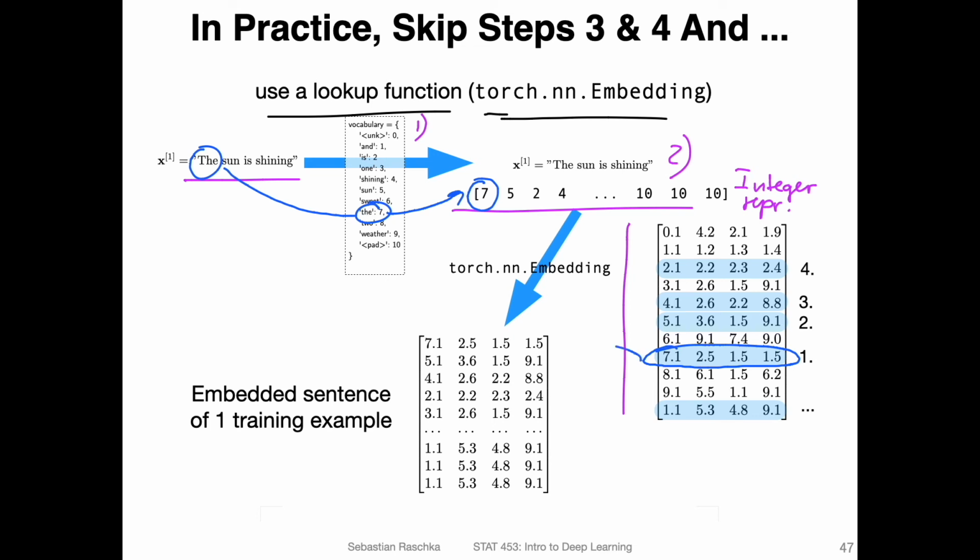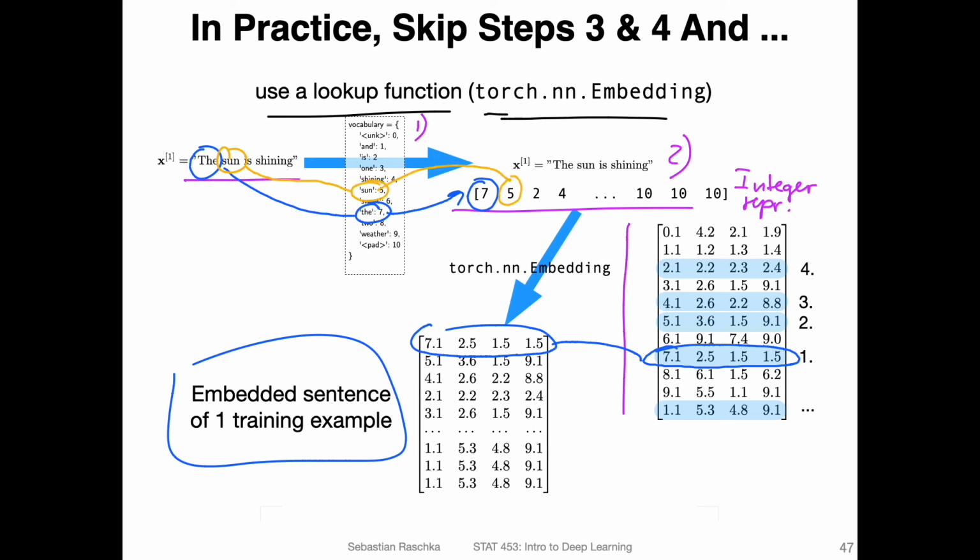And this is then used here. This is our embedded sentence for the first training example. Then for the second word, sun, sun should be here, 5. We look it up here, we put it here. Then next one is, this is 2.